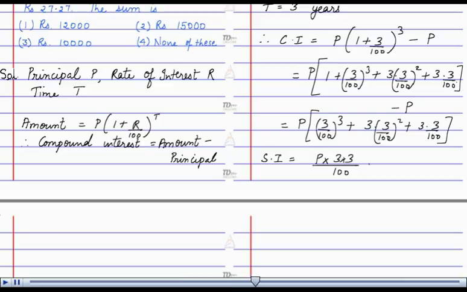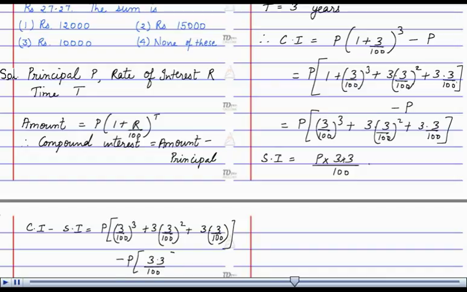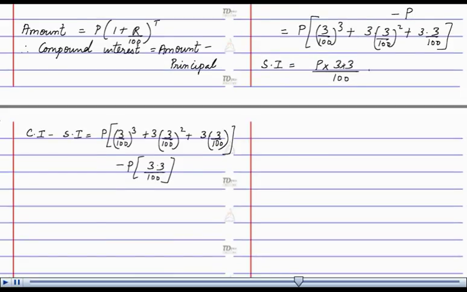Therefore, the difference of the compound interest and the simple interest would be given by P into 3 upon 100 the whole cube plus 3 into 3 upon 100 the whole square plus 3 into 3 upon 100 minus P into 3 into 3 upon 100, which is P into 3 upon 100 the whole cube plus 3 into 3 upon 100 the whole square.